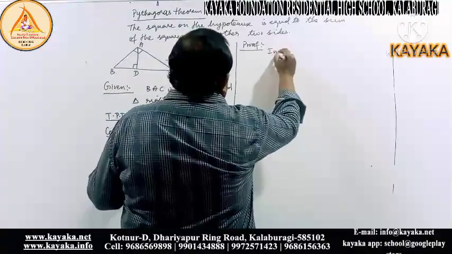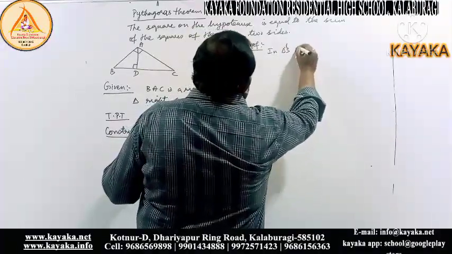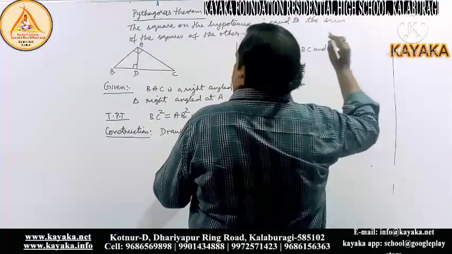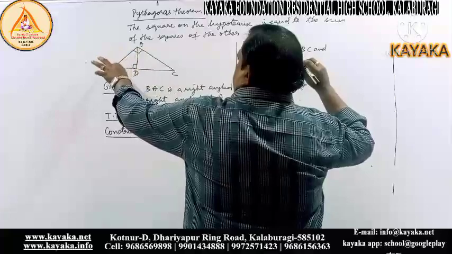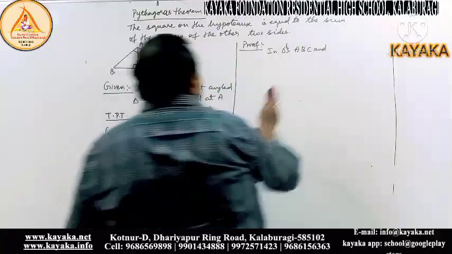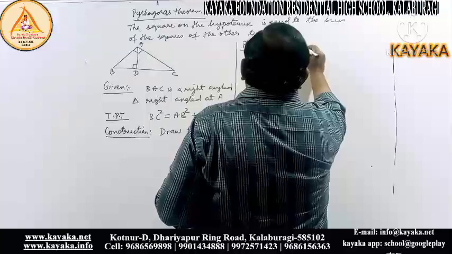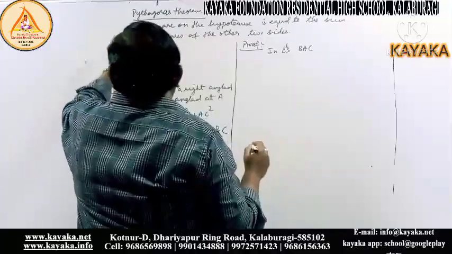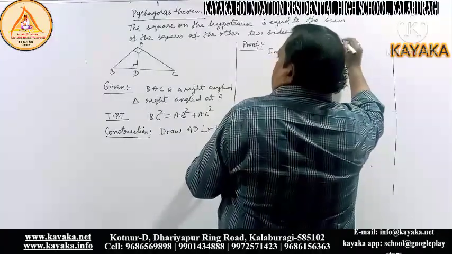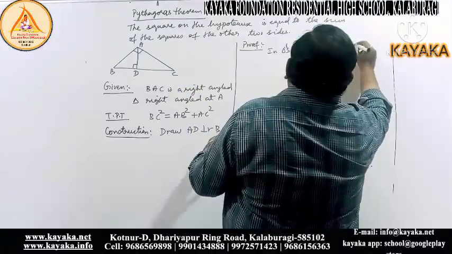Therefore, in triangles, because that right angle must be coming in the middle, we can take BAC and we can take BDA.